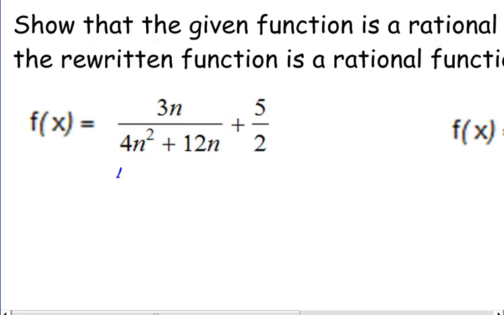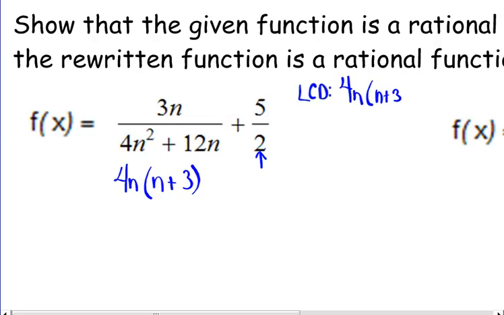Right? So, first things first, what's the least common denominator? Well, check that out, 4n times n plus 3. Okay, and my other is 2, so my least common denominator, because 2 is a factor of 4, is 4n plus 3.